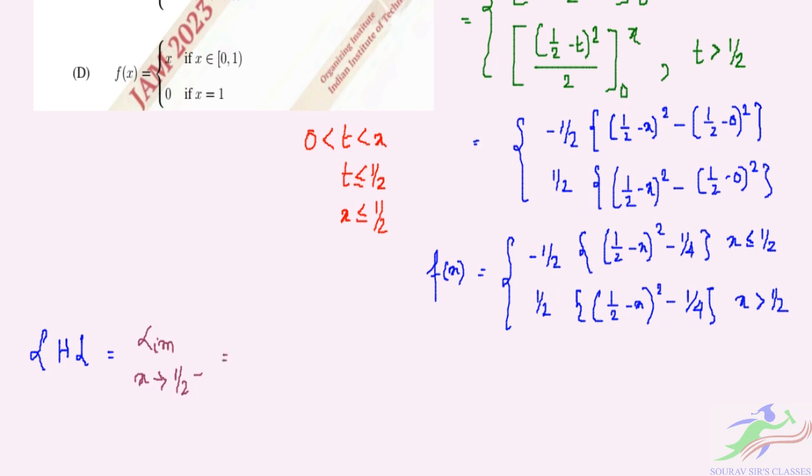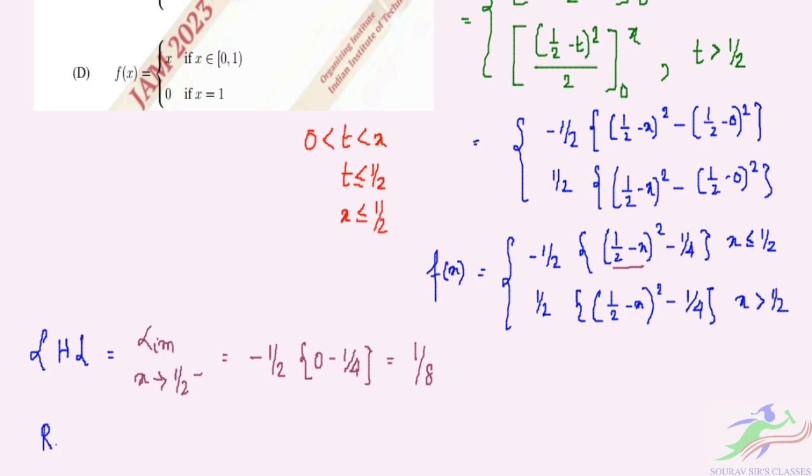So what should be the value if x tends to half minus? We have minus of half, here half minus half is 0, whole square means 0, minus of 1/4, so it is 1/8. So this is the left hand limit.